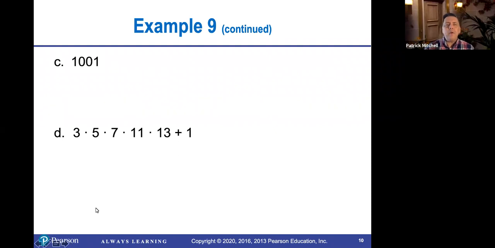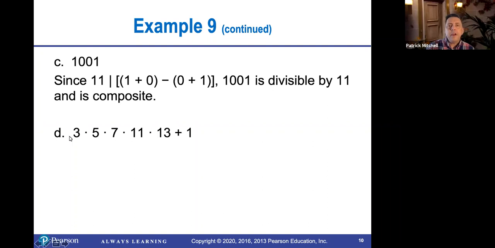All right, continuing with this example, 1001, you really do have to think for maybe a couple minutes about a number that divides 1001. Eventually, you find, now I explained this a little differently in the last section. The way I would explain it is to say 1 minus 0 plus 0 minus 1.